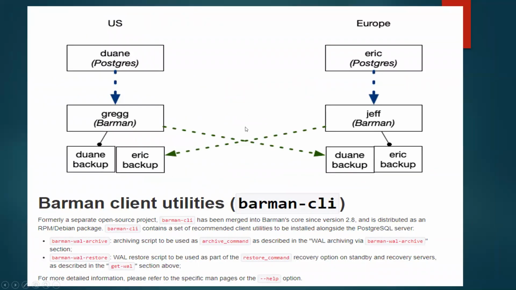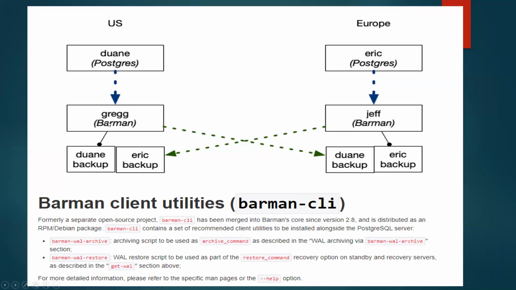We're talking about something like this where you have a US region here and a Europe region here. You have a Barman server here, which is backing up this Postgres server. And on Europe, you have another Barman server backing up this Postgres server. You can configure this to be the passive that pulls from here, or this to be the passive that pulls from here.